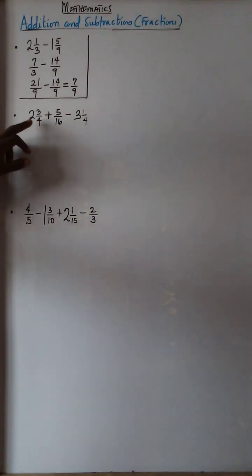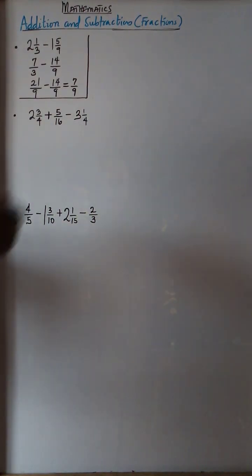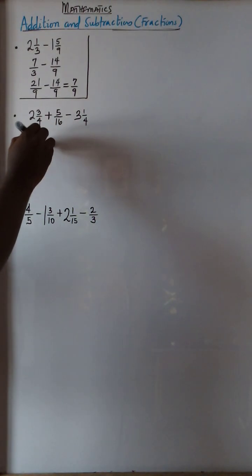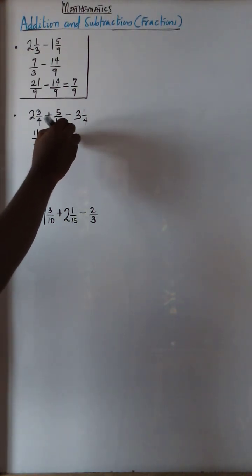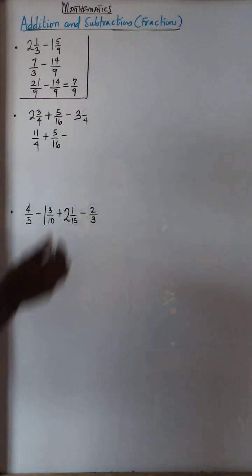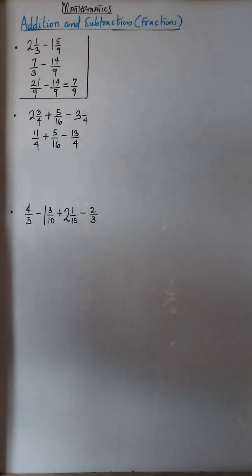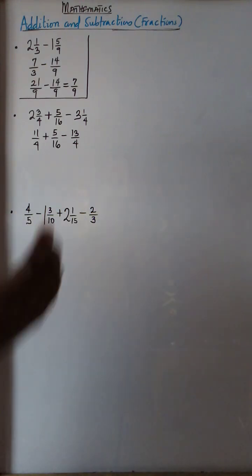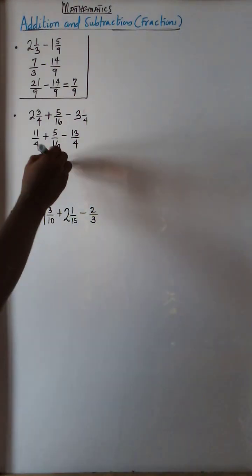Okay, next one. Let's convert to improper. 4 times 2, 8. 8 plus 3, that's 11 over 4. Plus 5 over 16. Minus 4 times 3, 12, plus 1, 13 over 4. If we have more than 2 fractions, the best is to just use the LCM method straight. So the LCM of 4, 16, and 4, if we do it, you get 16.